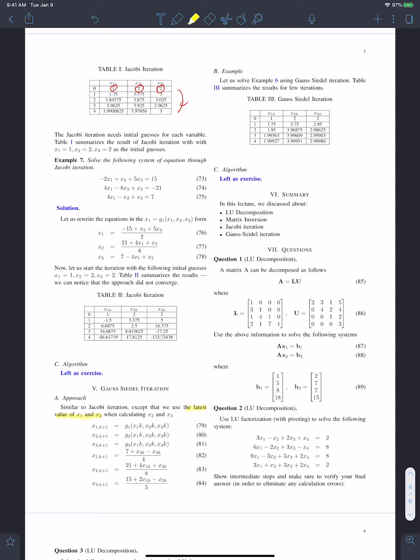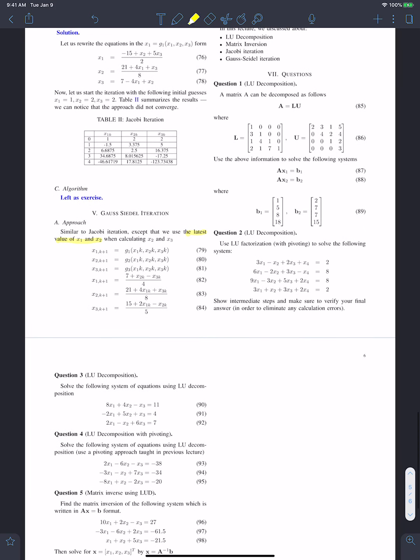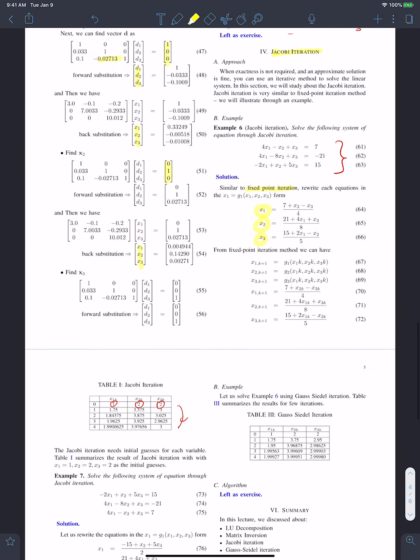Let me explain that a little bit further. The difference between Jacobi and Gauss-Seidel iteration is that in Jacobi we start with three initial guesses and wait until new x1, new x2, and new x3 are computed before going to the next iteration.